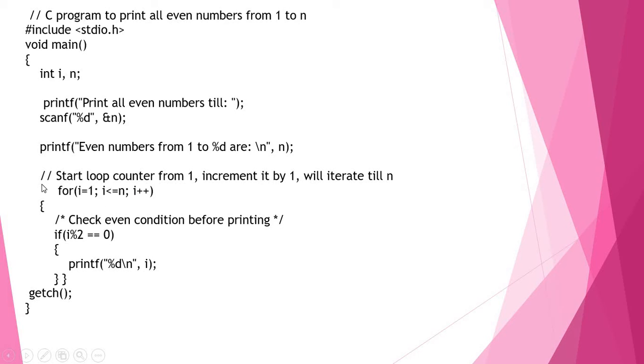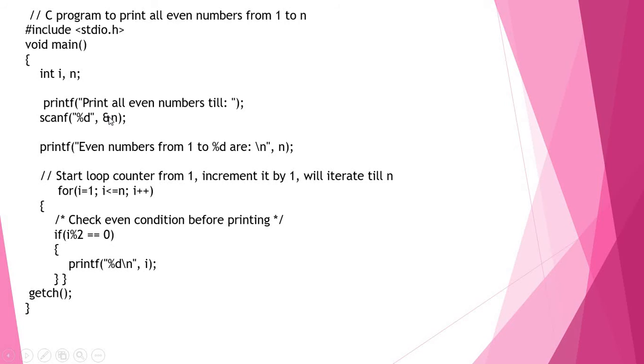After that, within this for loop, we have used one more if condition, that is i modulo 2 equal to 0. It means if that number is divided by 2 and I get the remainder 0, then of course that value is an even number, so it will print it. So this is a simple C program printing all the even numbers from 1 to n. n means whichever number the user enters.